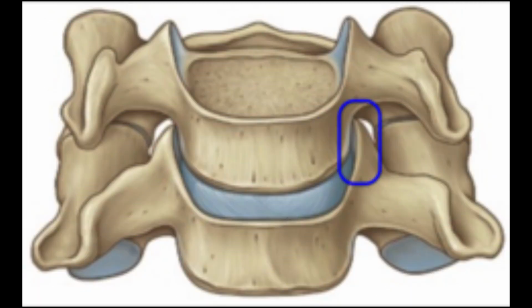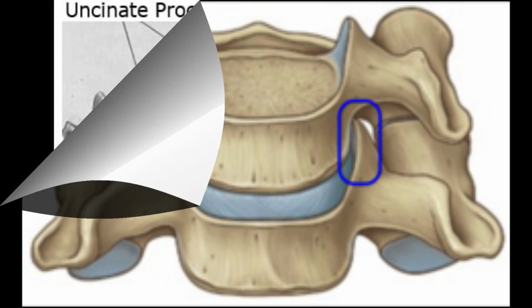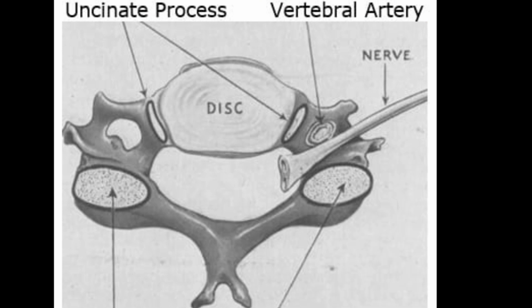Then the joints of the lateral part of the adjacent bodies of the cervical vertebrae are called Luschka's joints. Osteophytes commonly occur in this joint. The cervical nerve roots lying posterolateral to this joint may get pressed, causing pain along their distribution.